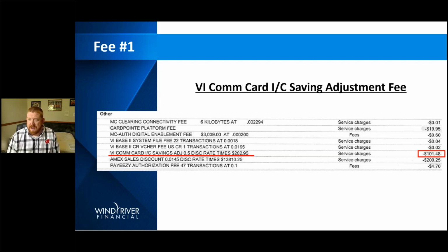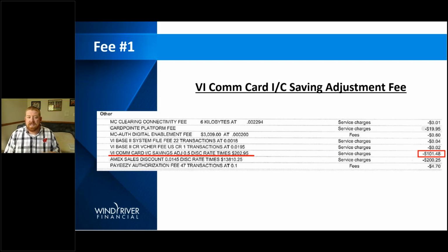Of that $200, they were billed $101. So 50% of what they accepted on that card was being billed as an interchange savings fee. Most businesses, if you're paying 50% of what you bring in, you're probably losing money on that sale.